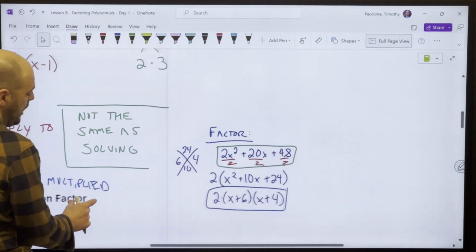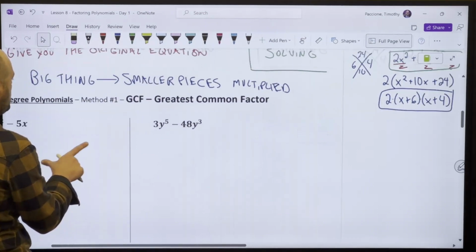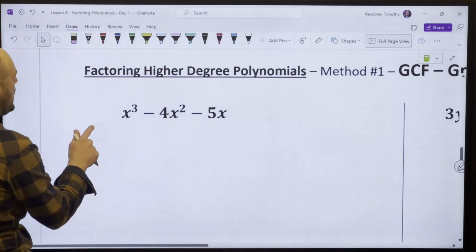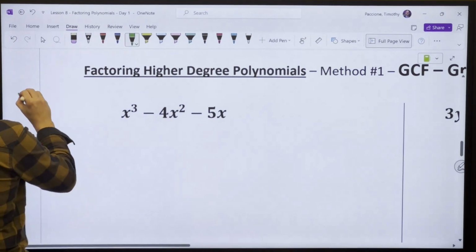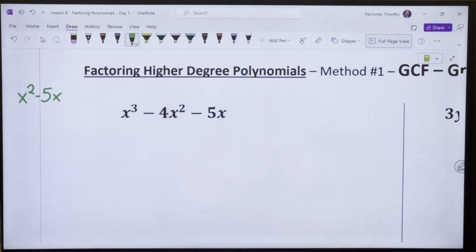But we are going to have to get comfortable with a certain type of GCF, okay? So for instance, remember when I gave you x squared minus 5x, and I said factor it?